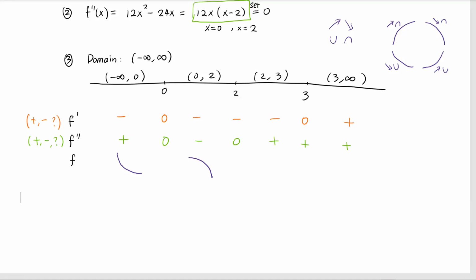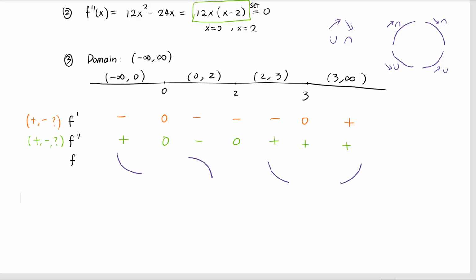And then next, on the interval from 2 to 3, we have decreasing and concave up. So we have like this. Okay, and the last one from the interval 3 to infinity, we have increasing and concave up.